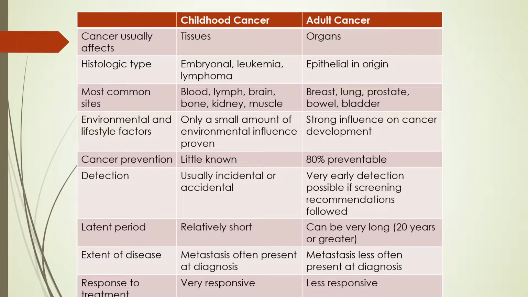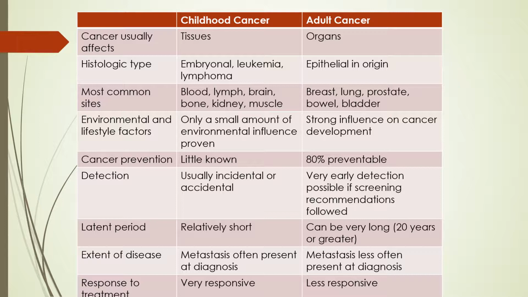Detection in children, we don't screen children for leukemia, so it's usually incidental or accidental that it's found. In adult, we can do very early detection with screening recommendations when they're followed.